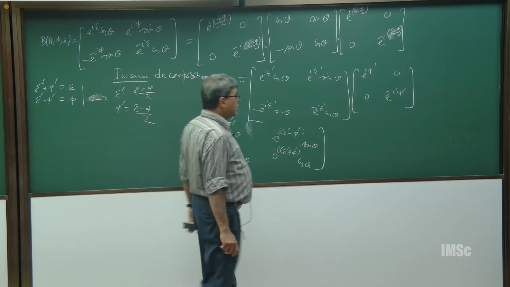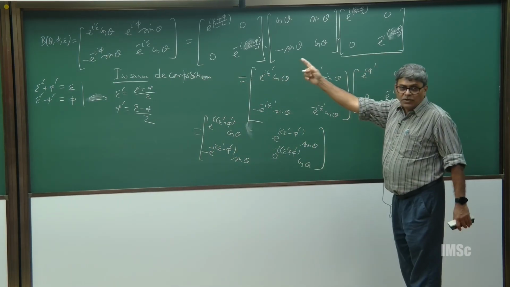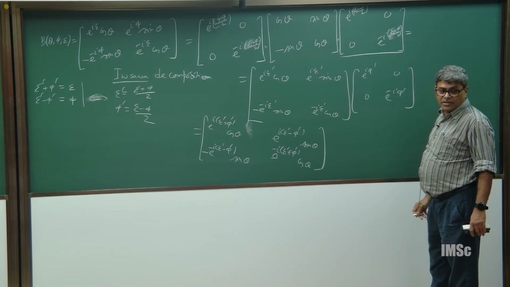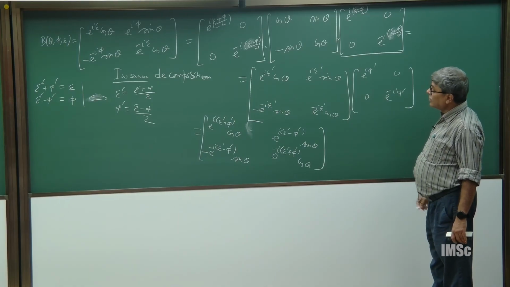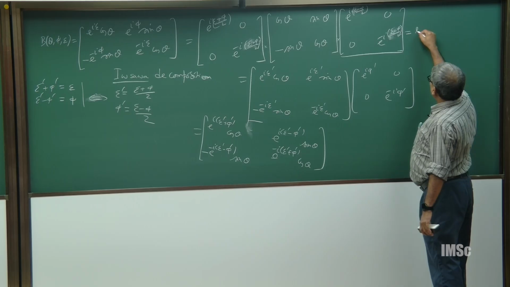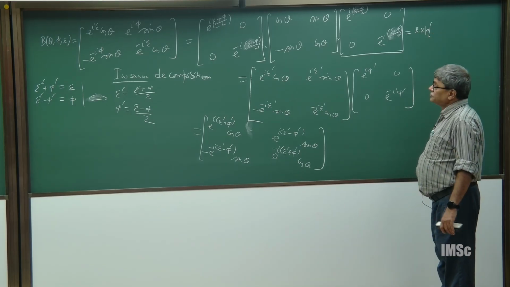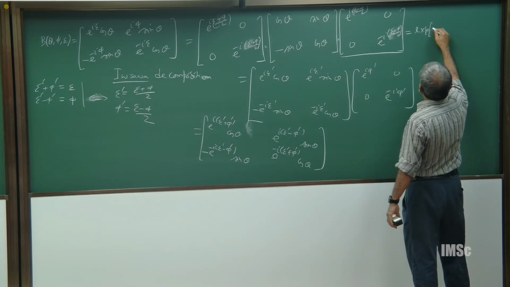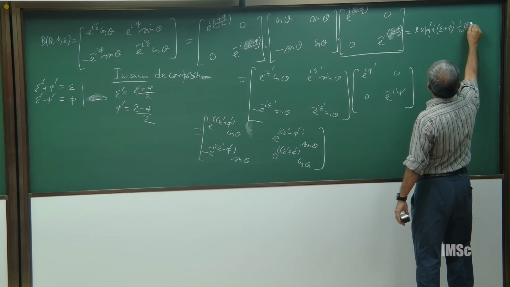Now if I look at these 2 by 2 matrices, I can write this as the exponential of i times epsilon plus phi times half sigma z.